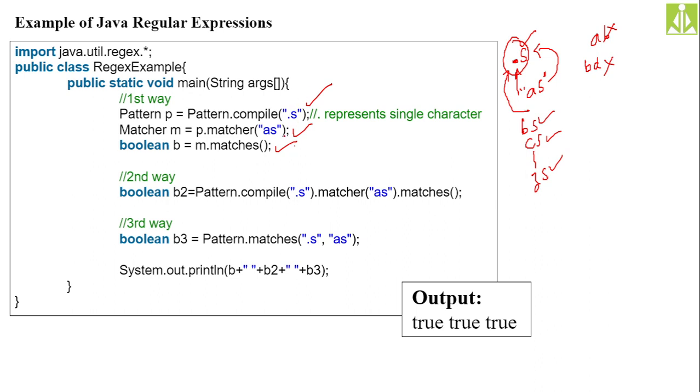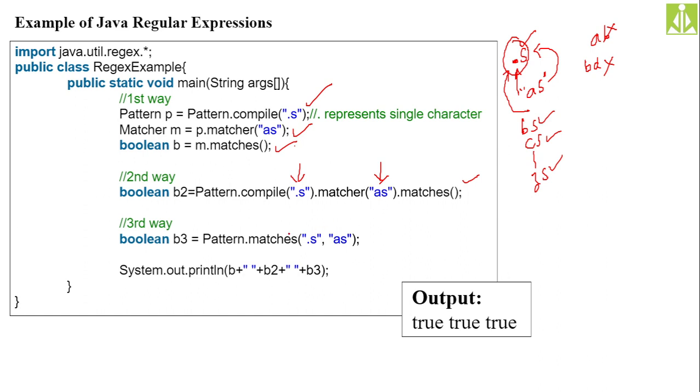So 3 different steps. You can go within a single step like this. Boolean b2 is equal to Pattern.compile of the regular expression, then matcher of the string, then matches. Like this also you can go.